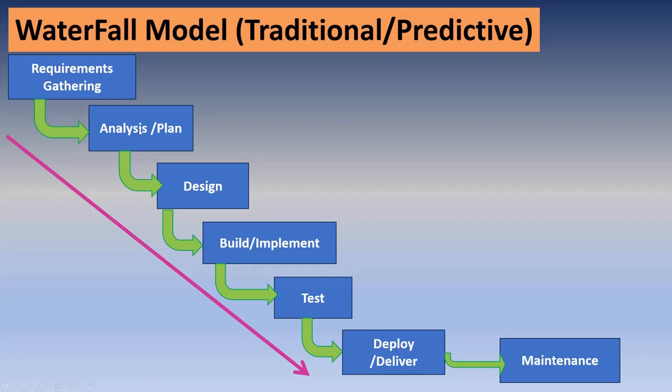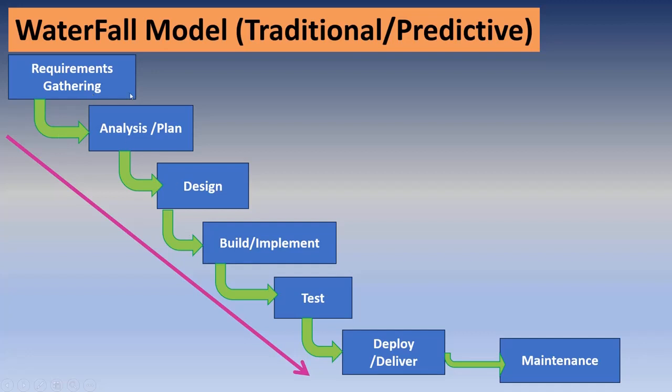Then only you can go to the plan phase. Once you complete the plan for the entire project, then only you will go to the design phase. Like this, if you want to start any implementation, the previous phase must be completed with all the information and it should be signed off.